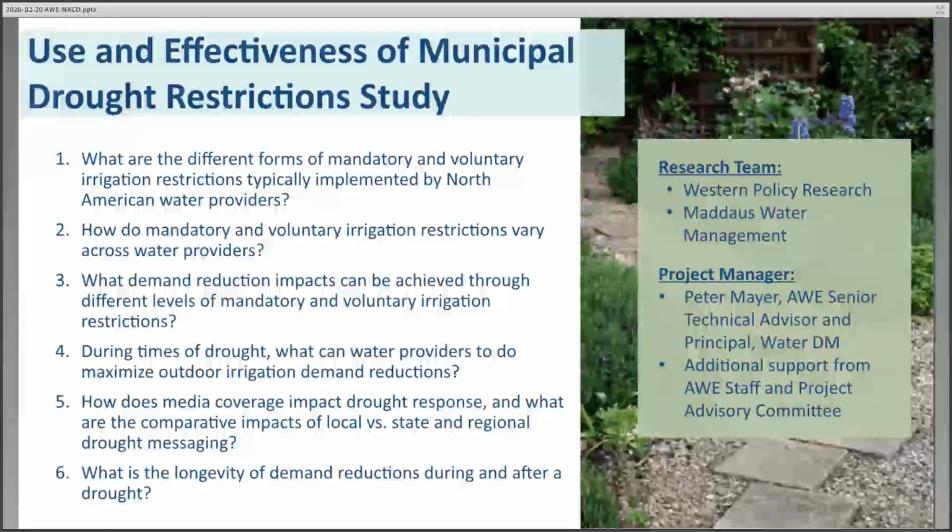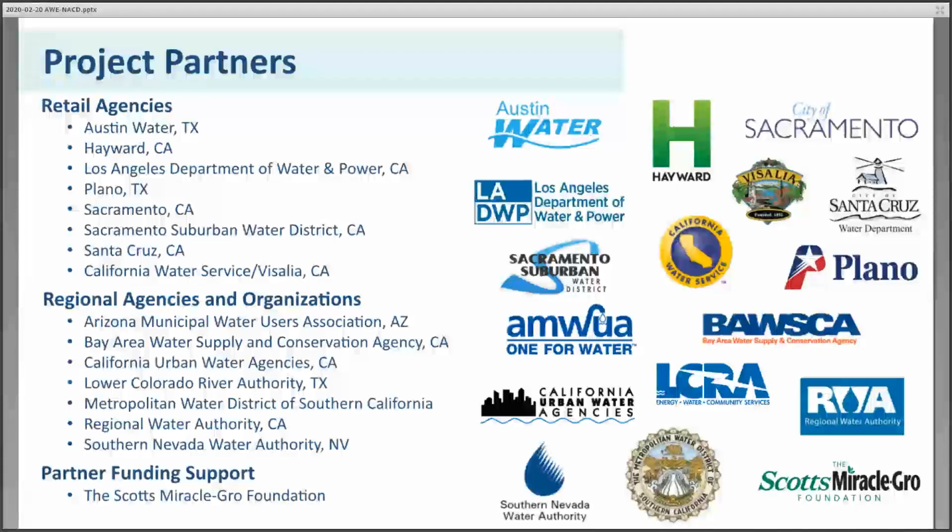It looked at 11 different case study water providers, and got very detailed into the impact of the drought and the restrictions. It's a very large report, about 200 pages, and it's just very thorough.